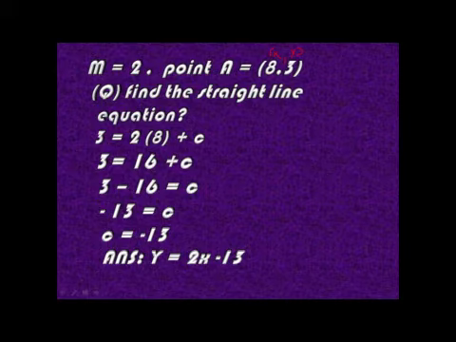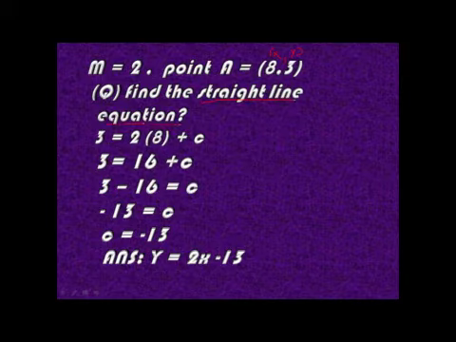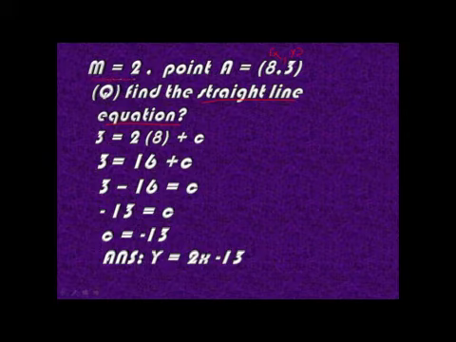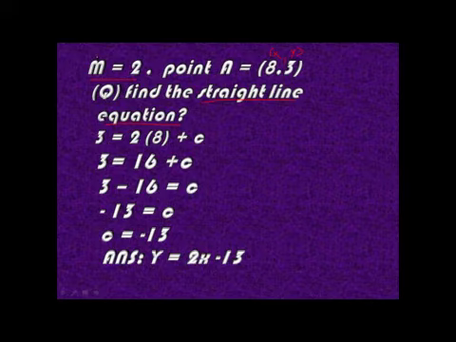Alright, so find the straight line equation. They'll ask you to find the straight line equation. Here we know the m, but in most questions the m will not be given. You'll be having 2 points.